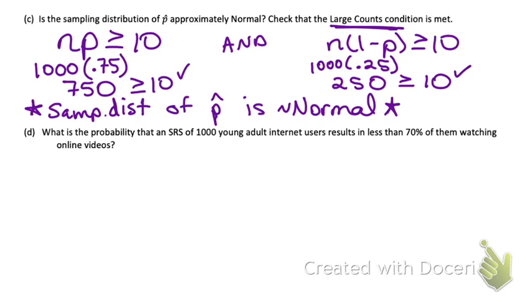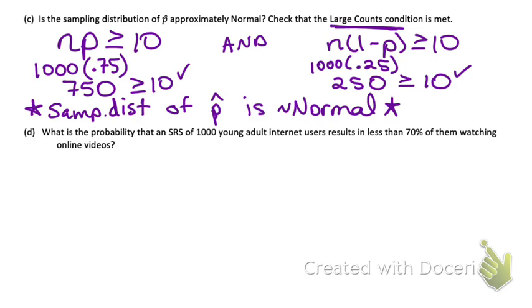Let's say that I want to go out and take a sample of 1,000 young adult internet users. And I want to know what's the probability that I get 70% or less in that sample saying that they watch online videos. It's supposed to be 75%, but what's the probability that it's less than 70%?